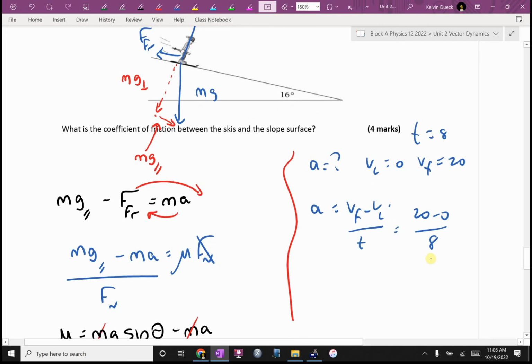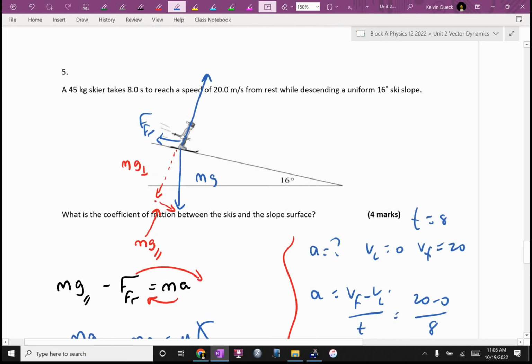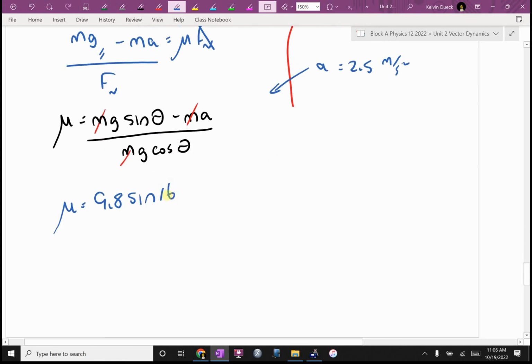It's going to be 5 over 2. A is 2.5 meters per second squared, and I can plug this in over here now. I'll get mu equals G 9.8 sine 16 minus 2.5 all over 9.8 cos 16.